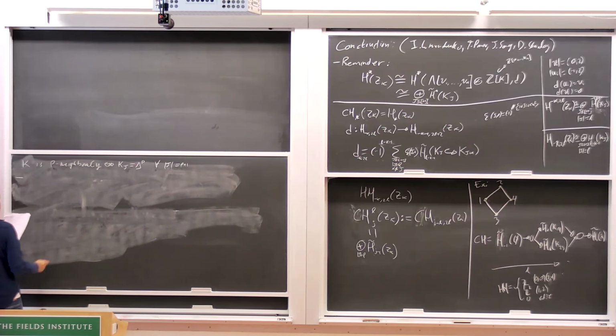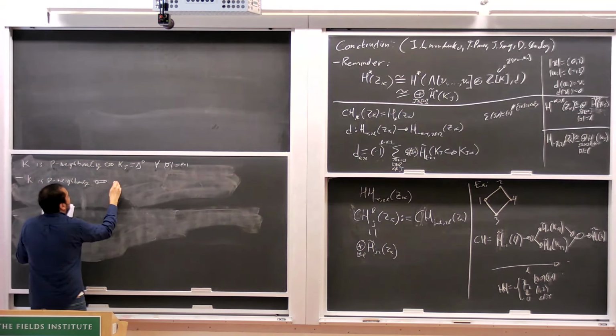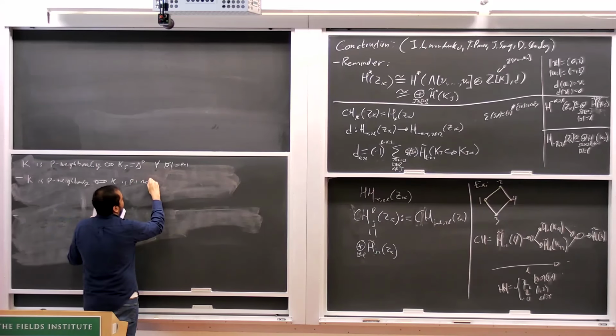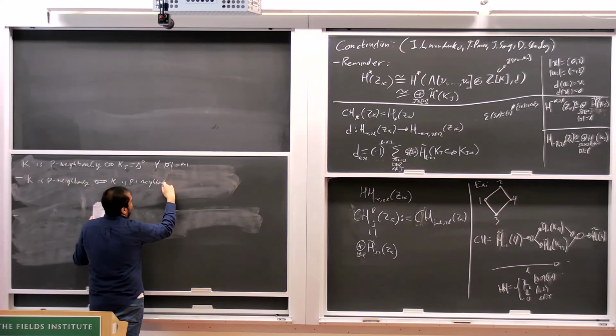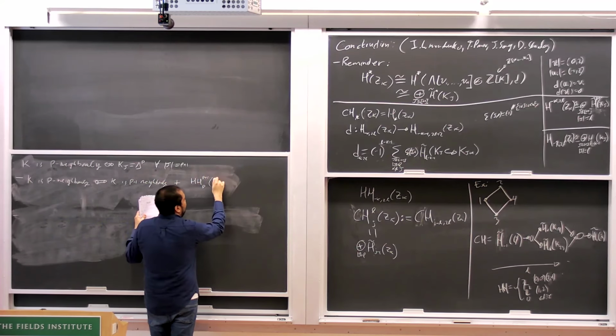And one of the other results that we have is that K is p neighborly if and only if K is p minus 1 neighborly and HH in degrees p plus 1 is 0.